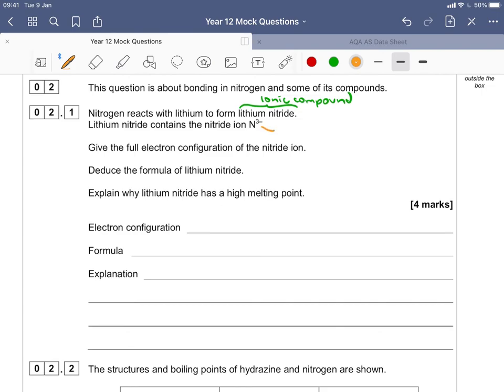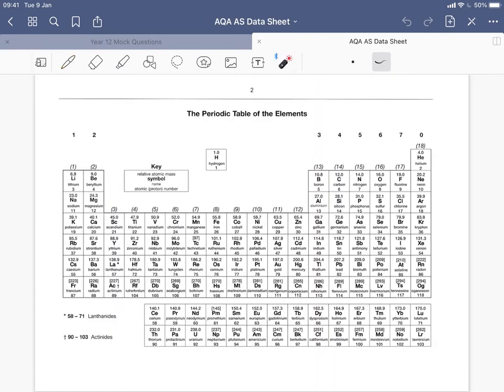So what that 3- means is it's got 3 extra electrons compared with a nitrogen atom. So we look at our periodic table, and we look at nitrogen here, and we can see that the atomic number is 7.